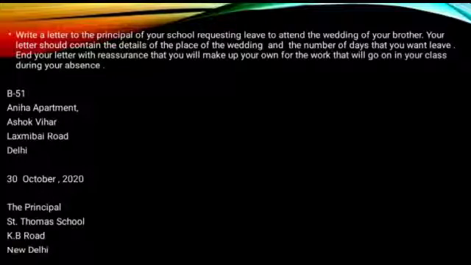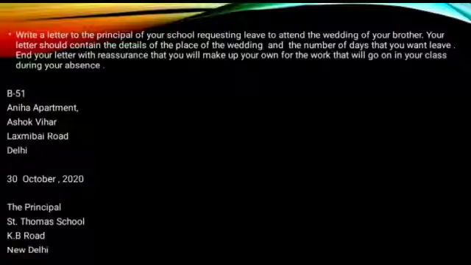Your letter should contain the details of the place of the wedding and the number of days that you want leave. End your letter with reassurance that you will make up your own work for the work that will go on in your class during your absence.